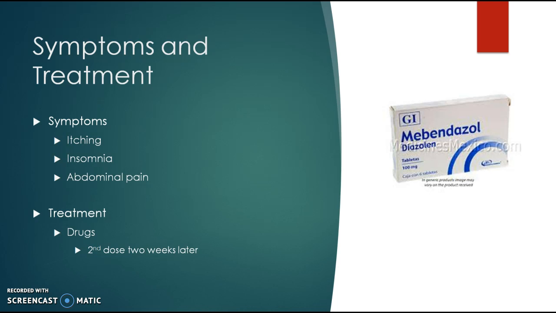And this is because of what I stated about the really common way of people reinfecting themselves. So the second dose is in case you reinfected yourself and you have more adults in you to kill, because the drugs that we have to treat pinworms don't kill the eggs, they only kill the adults.